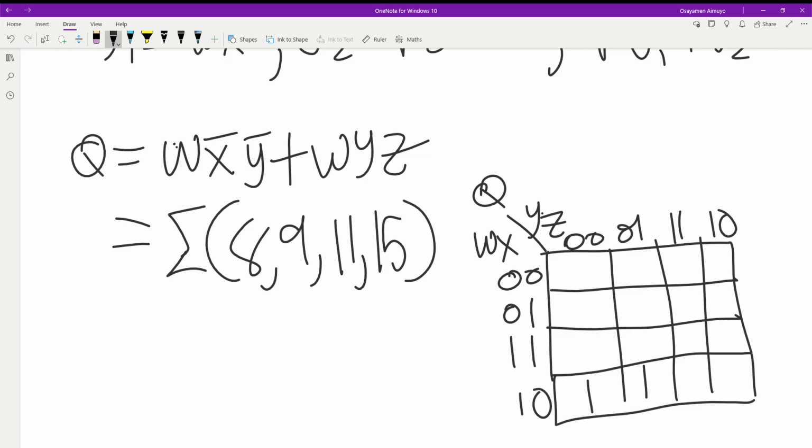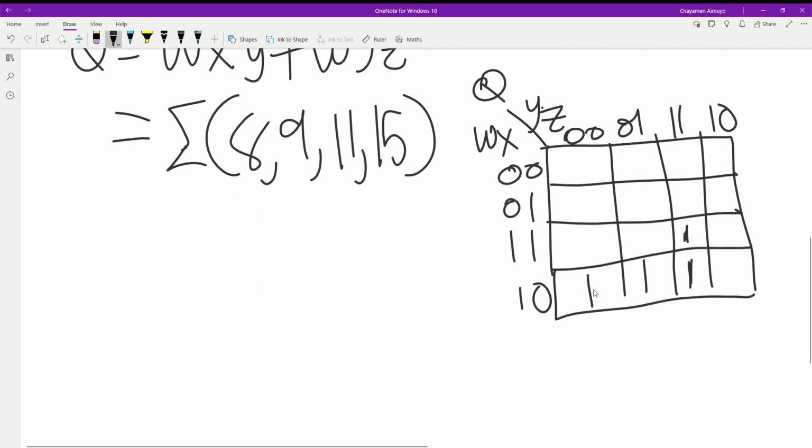All right, and then it simplifies to the other term, w y z. So let's look for that. So w, so it's these two. y z, let's see, it's these two. So you see, you can simplify.